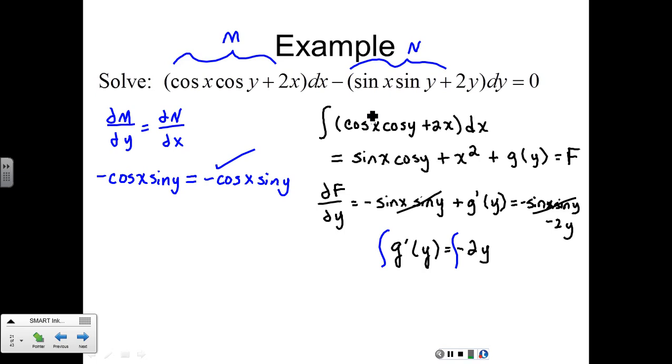So g of y is negative y squared. Where am I going to take that, guys?